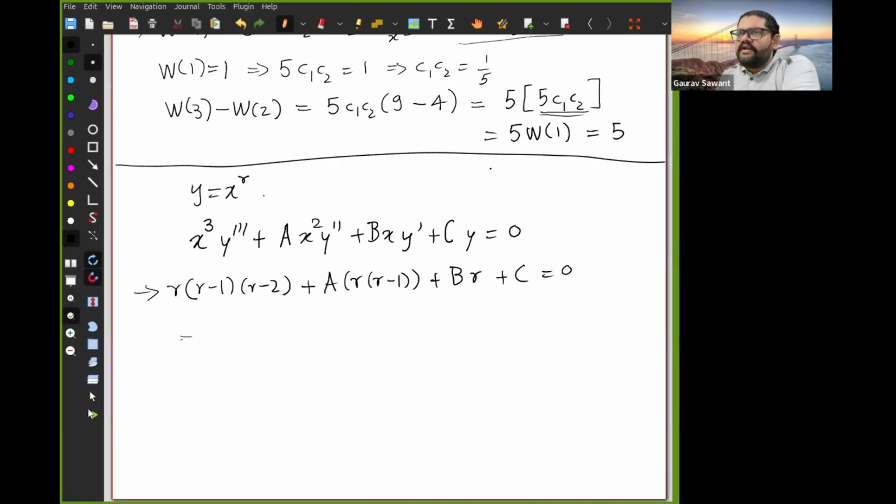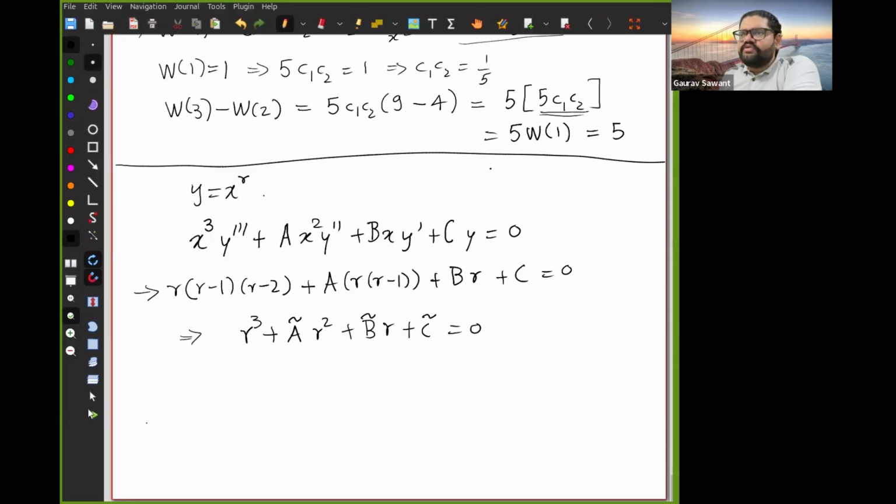Equate this and you will get some r cube plus A tilde r square plus B tilde r plus C tilde equal to 0. These A tilde, B tilde and C tilde will come from the appropriate coefficients from here. Okay, so that was Akash's question.